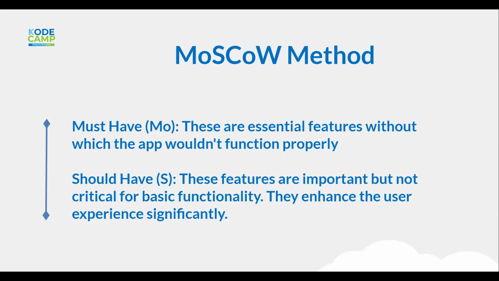For example, if you're developing a fintech app and you don't have bank transfer, withdrawal, or add money, what is in the app? Depending on the product you are designing, must haves help you identify features without which the app is as good as useless. It's not really addressing what it is meant to do.